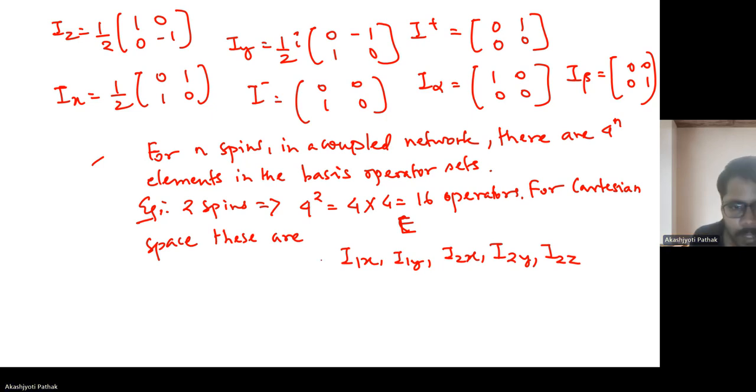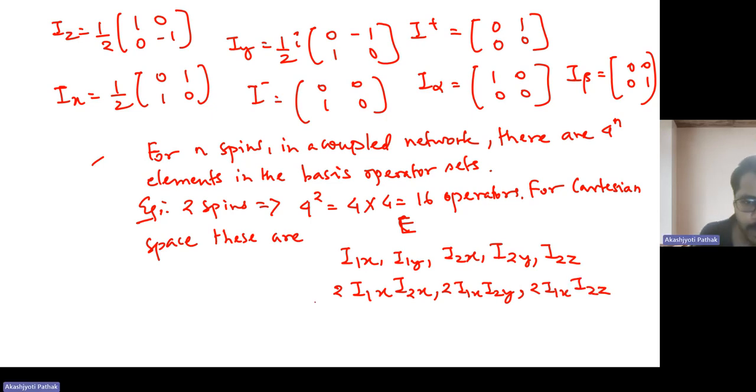Then next will be 2I1xI2x, 2I1xI2y, and 2I1xI2z.